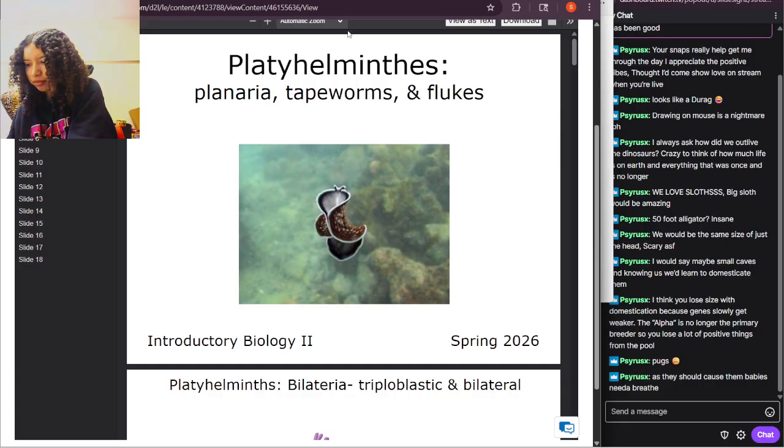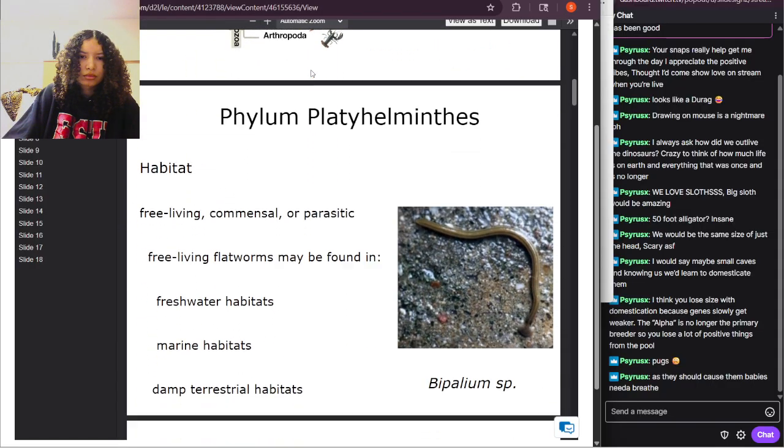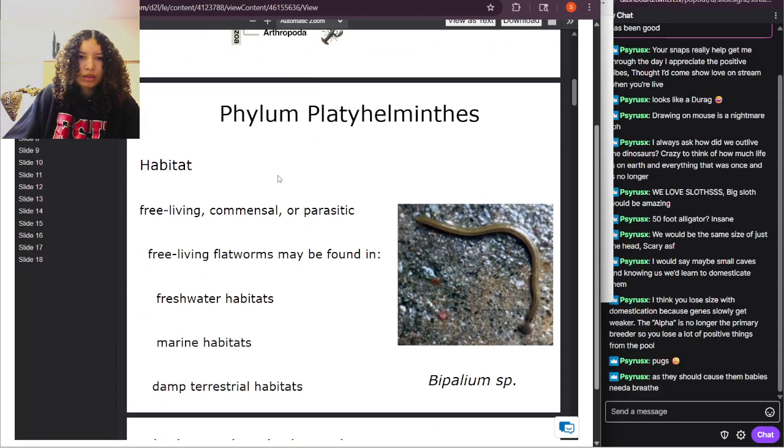Habitat: free living, commensal, or parasitic. So they can be parasites or they could just be free living. They can be found in basically water or damp habitats.